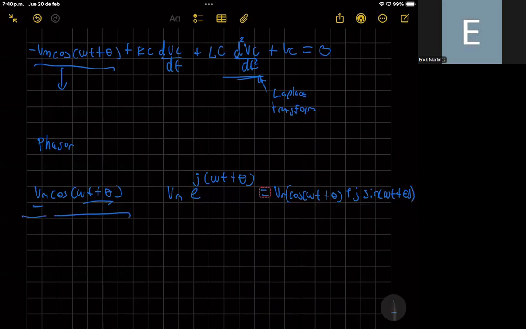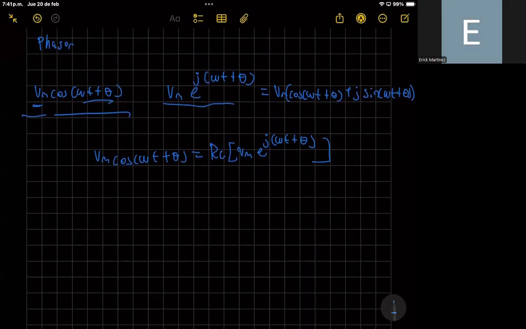So I can express this complex exponential as follows. I can say that Vm times the cosine of omega times t plus theta is equal to the real part of Vm times e elevated to the j times omega times t plus theta, because as you can see here, the real part of this complex exponential is equivalent to my original sinusoid.